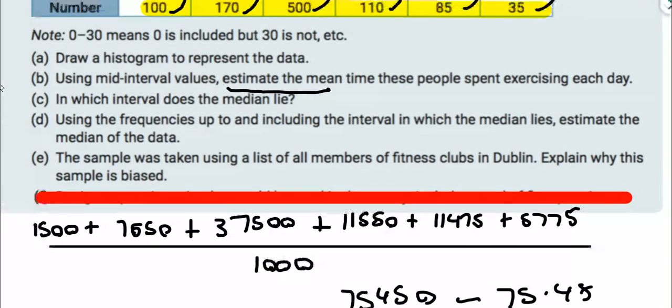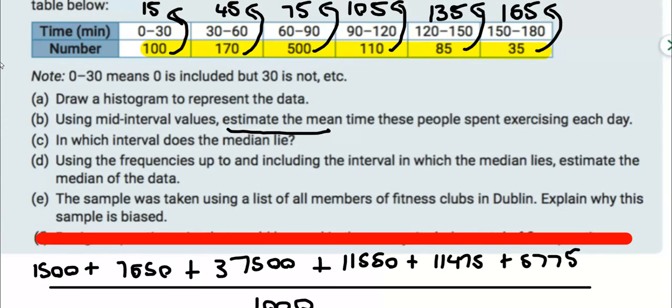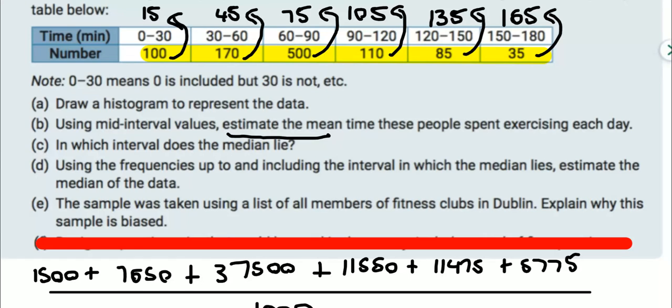Now, really quickly, where does the median lie, Jesse? If there's 1,000 people, 500 and 501 are the middle two. Everybody got that? Now, here's what we're going to do. The first 100 people are located here. Add 170 to 100.